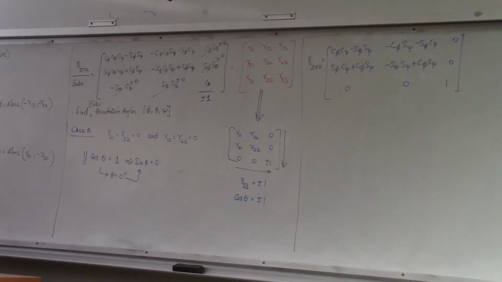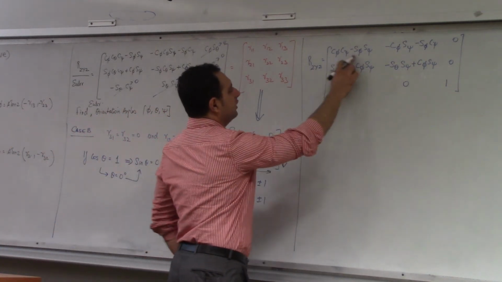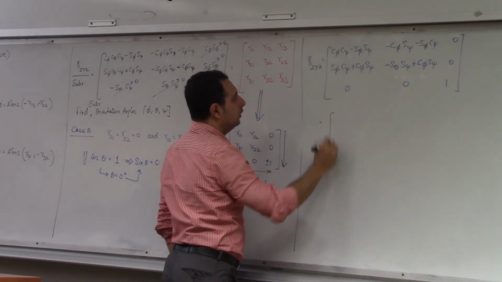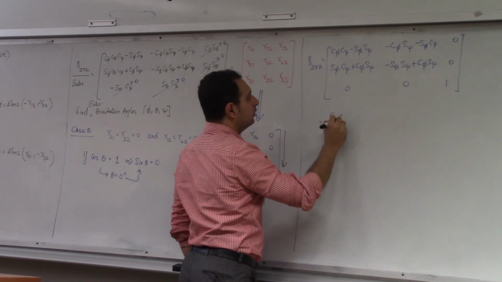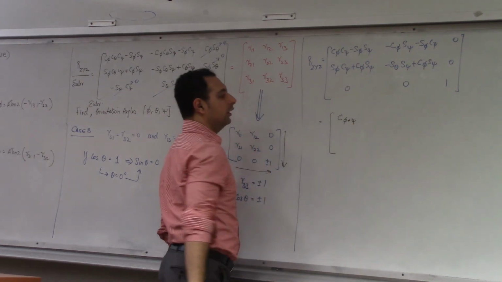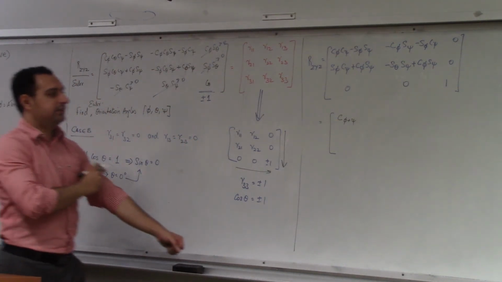All right, so if we use this identity, you can reduce this as cos phi plus psi. Okay, cos A plus B is cos A cos B minus sin A sin B.